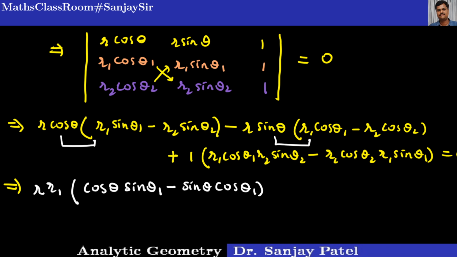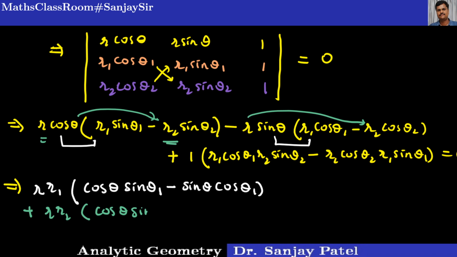containing r2. So this is r2, here we have r, so r into r2 will be obtained by multiplying these two terms, and there is another term containing r2 obtained from this into this. Okay, so what I will be getting here is plus r into r2 into bracket cos theta into sine theta 2, but remember it is with minus sign.